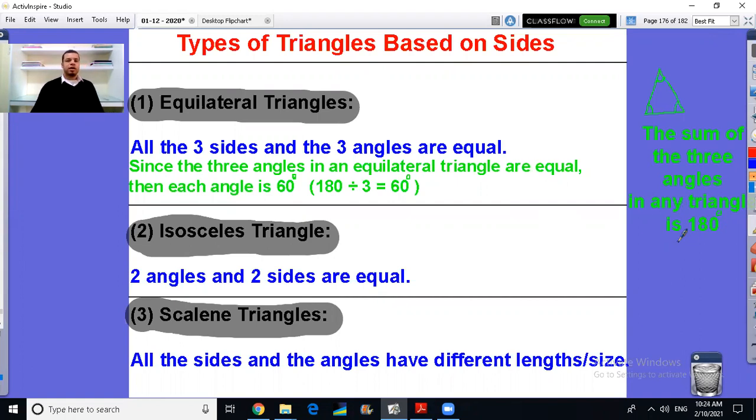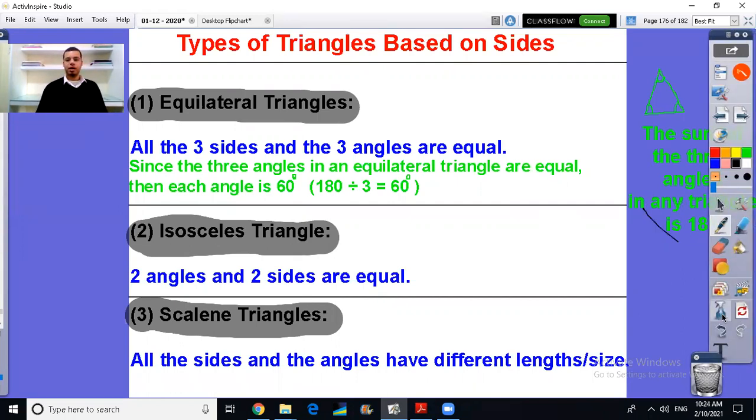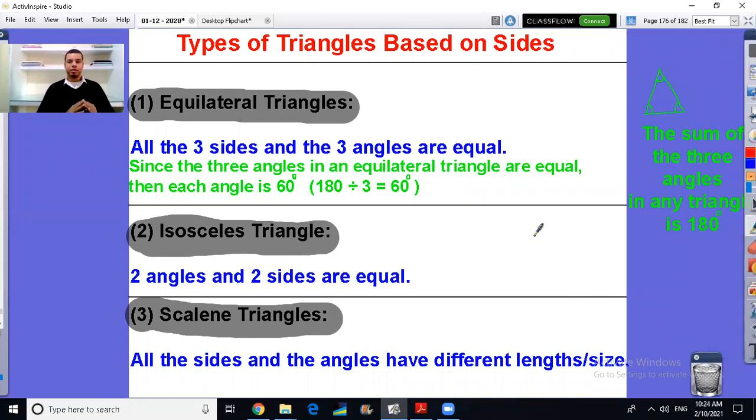All right, so here are the types of triangles based on sides, which means that we look at the sides of the triangle. I drew here a very small, cute triangle for you. Look at it. How many sides does a triangle have? This is the first question that I should ask you.